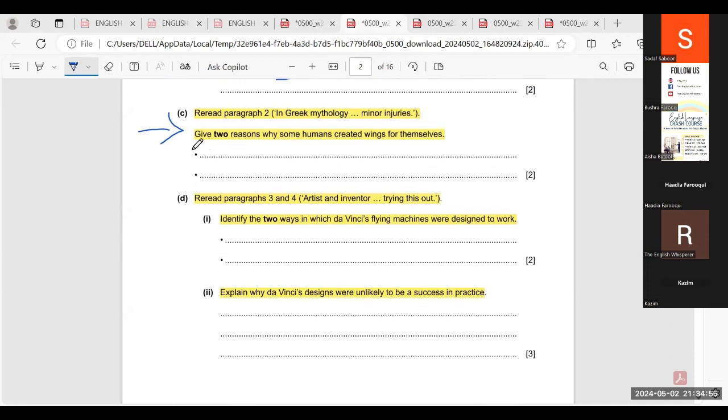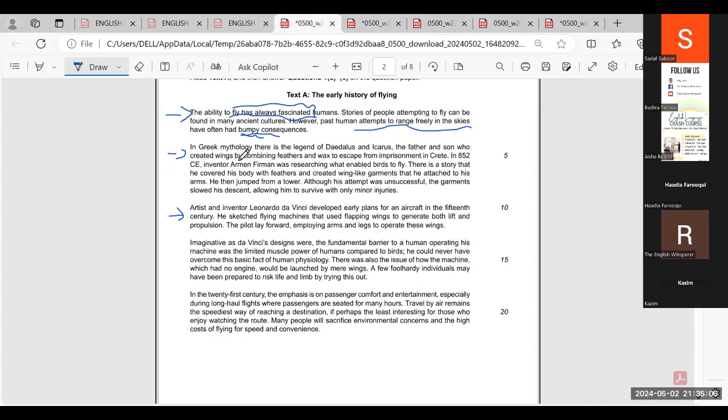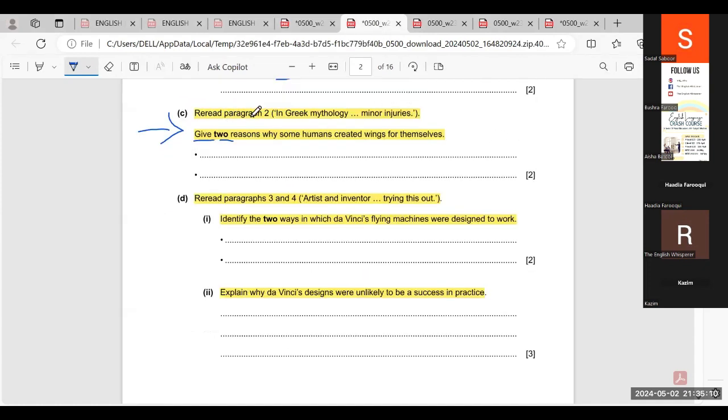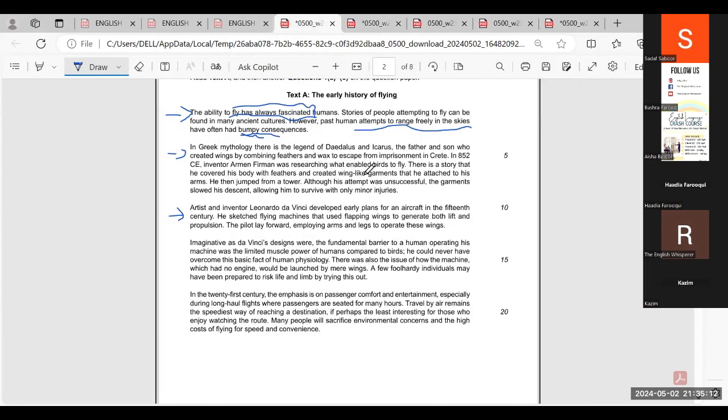Questions would ask you to give 2 reasons. These are explicit meaning questions. You just have to find 2 reasons why humans created wings for themselves. Go to that part about the Greek mythology. It's told you specific paragraphs, 2. And you think about how they created wing-like garments. Why?